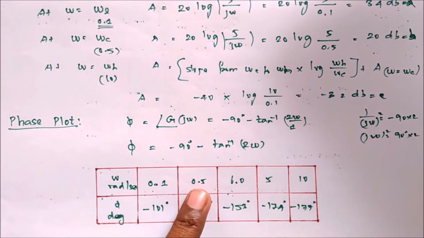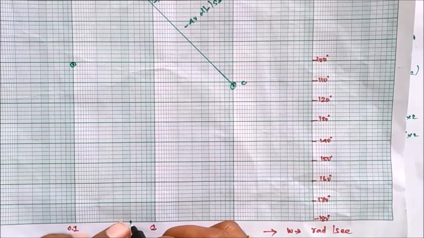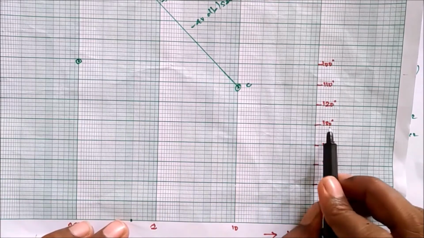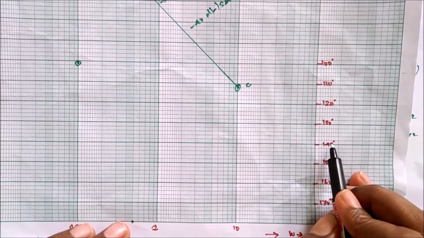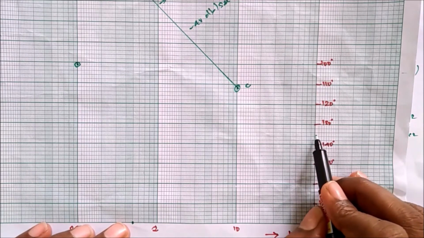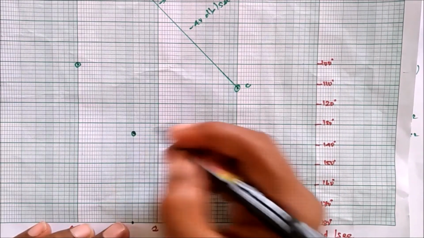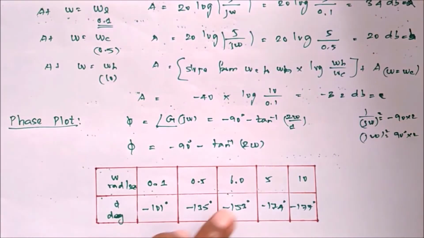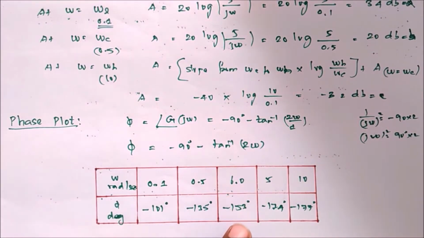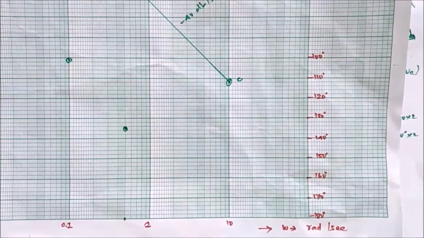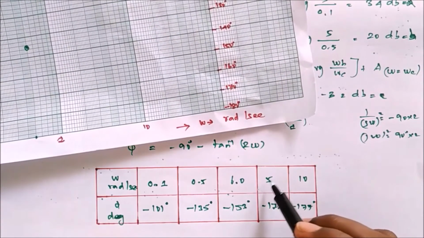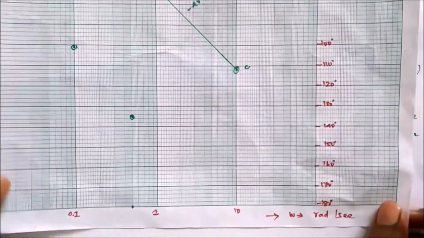Next point is 0.5, angle is minus 135. This is 130, this is 140, so exactly in between, the center. This is the second point. The third one is omega equal to 6, angle is minus 153. Or else we can take omega equal to 5, angle is minus 174 degree.